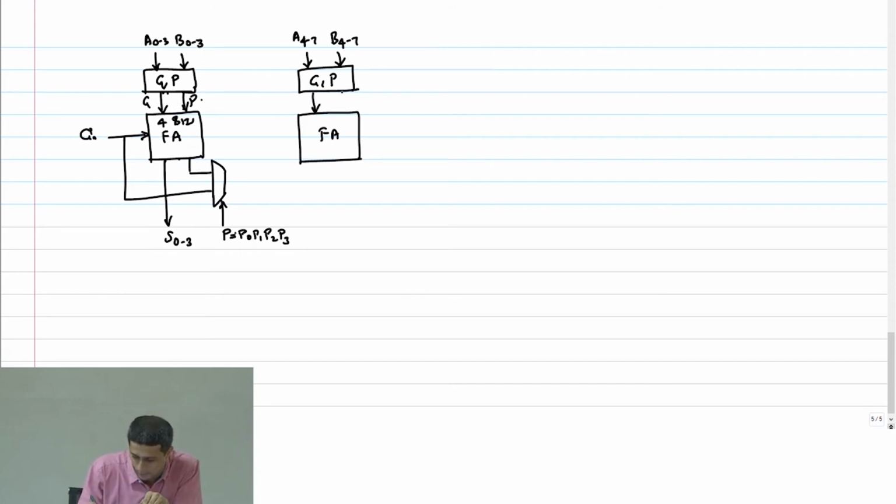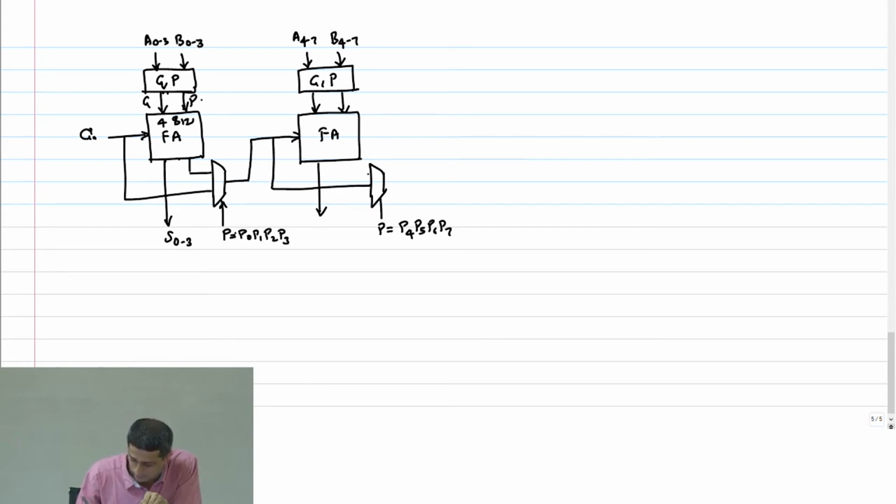Then again I'll put a mux here. P equal to P4, P5, P6, P7. Right? This is my thing. Carry out, that will go here, and this will also come for the bypass. Okay, this is 0, 1, 0, 1.